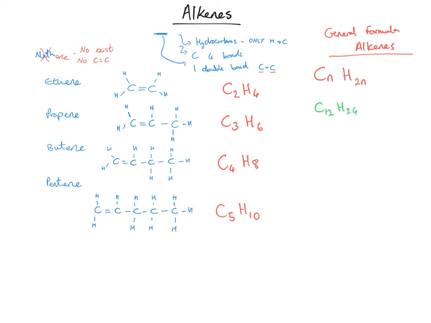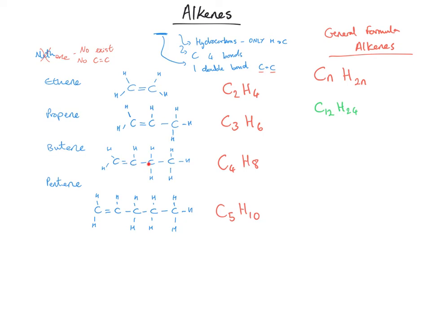There is another slight difference that makes this slightly more complicated, and I'll use the example butene to show you. So it doesn't actually matter where you place the double bond. For example, in the butene example, I put the double bond between the first carbon and the second carbon.